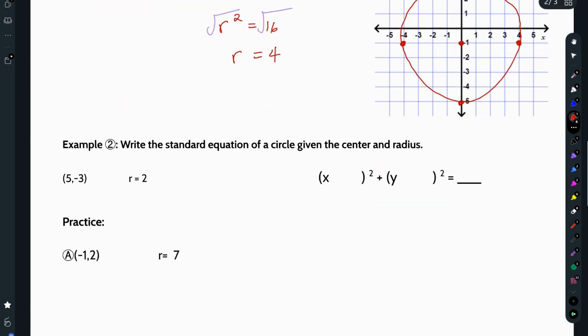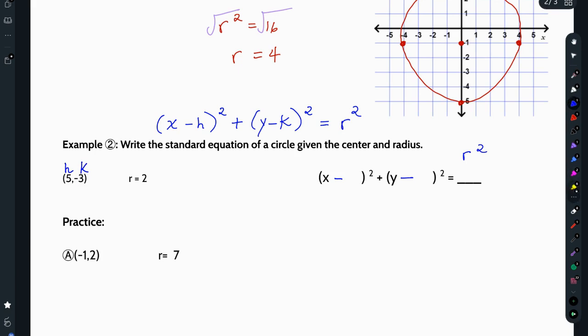Okay, moving on to example 2. It says write the equation of a circle given the radius and given the center. So we sort of have the equation started here. We know it's going to be (x minus h) squared plus (y minus k) squared equals the radius squared. So we know that h is 5. That's going to go here.